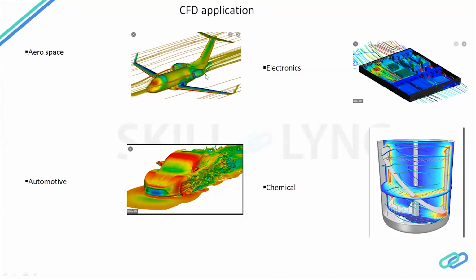This is one area where most people use CFD. Similarly, when the aircraft is landing, the landing gear comes out of the body of the aircraft, and we can study the flow separation when the aircraft is landing. These are some of the examples where we can apply CFD.